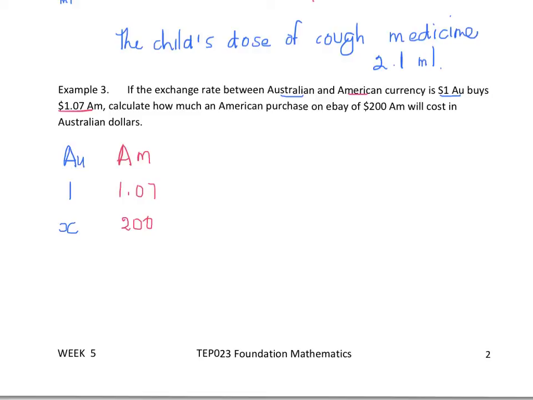So now doing our cross multiplication, X is equal to the two numbers that are diagonally opposite each other in that table.